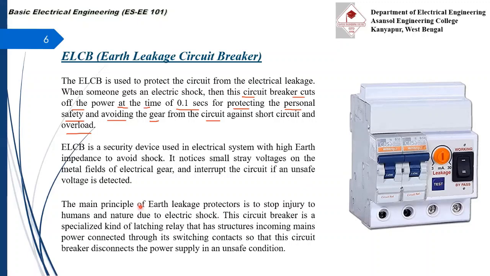Now, the ELCB is a security device used in electrical systems with high earth impedance to avoid shock. That's why a very small amount of leakage current is allowed to flow, because if this device detects any small amount of leakage current, then it will trip and isolate the total circuit from the faulty section.